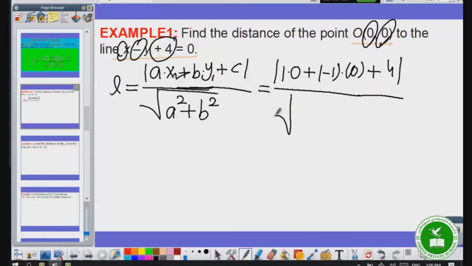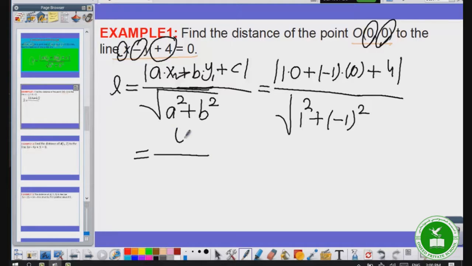Okay, divided by the square root of A squared, A is 1, squared, plus B squared, B is minus 1, squared. And from there, the numerator is 1 into 0, 0, minus 1 into 0, 0.